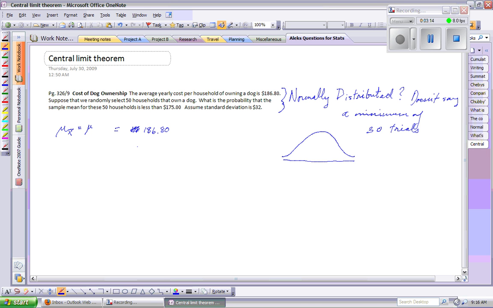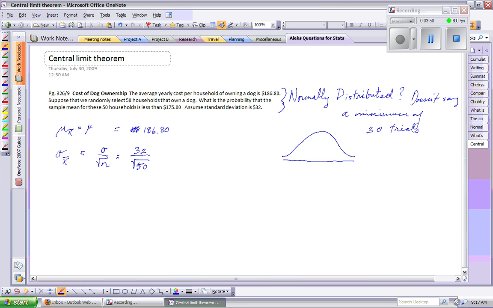And the standard deviation of the sample means will be equal to the standard deviation for the population divided by the square root of n, where n is the number of trials. So in this case, that'll be 32 divided by the square root of 50.